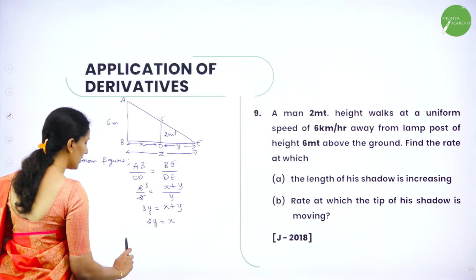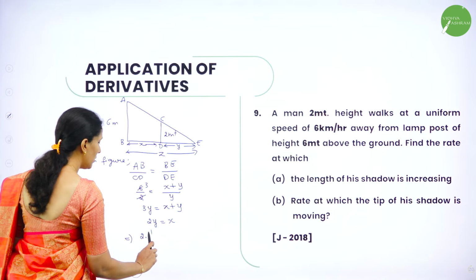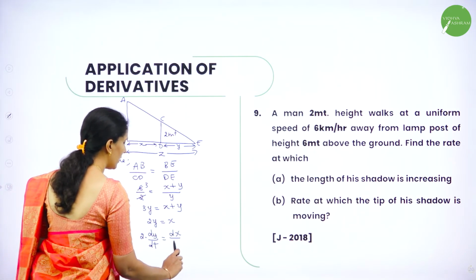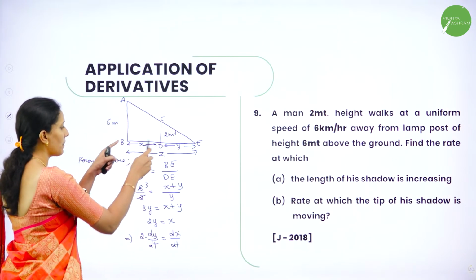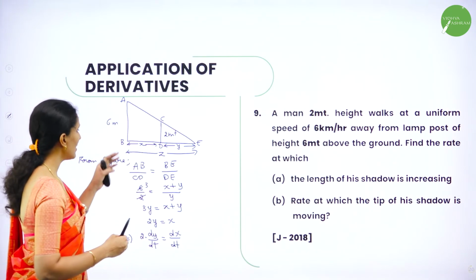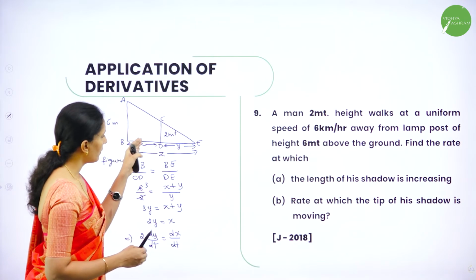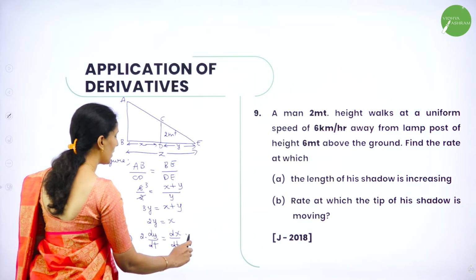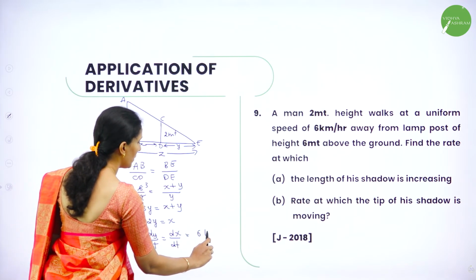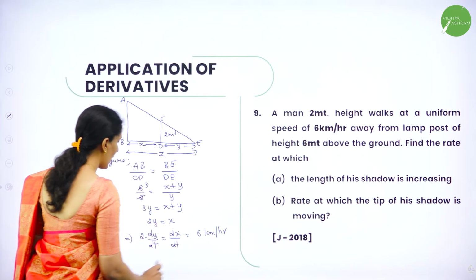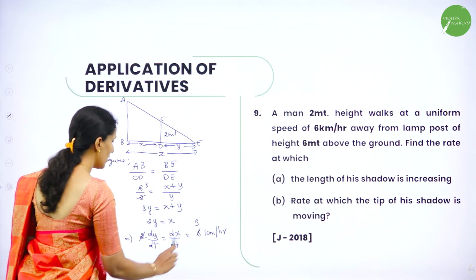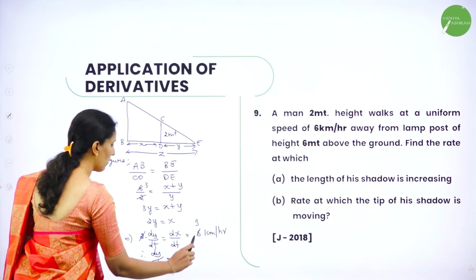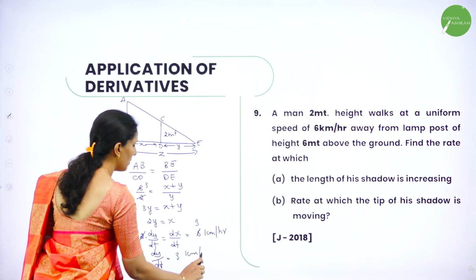Differentiating this, we get 2 into dy by dt is equal to dx by dt. Now dx by dt is given. The man is moving 6 km per hour from the lamppost. That is, the rate of change of x is given. Hence we can take dx by dt as 6 km per hour. So cancelling 2, 2 ones are 2, 2 threes are 6, we get dy by dt is equal to 3 km per hour.